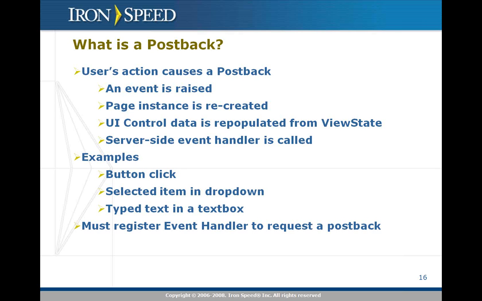And then the server-side event handler is called after all of this is done, so this is where you have an opportunity to handle that event. I showed you a number of examples like button click, and when the user changes a drop-down, or if the user changes a text box and you created a handler in order to handle that.